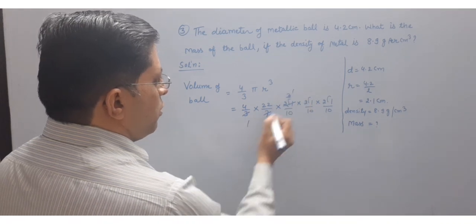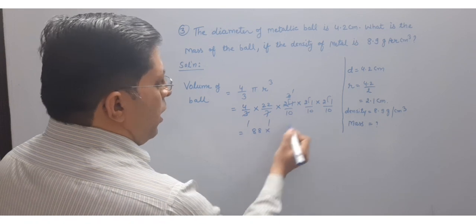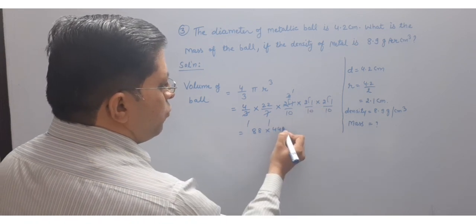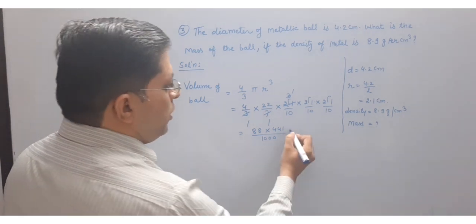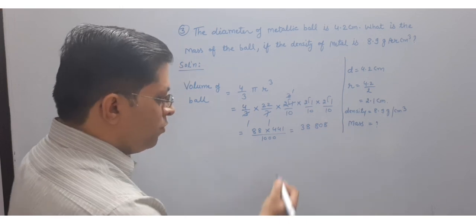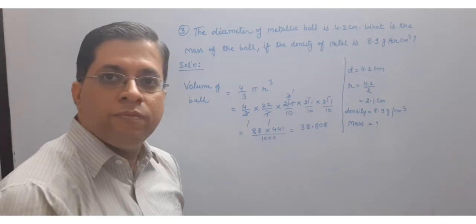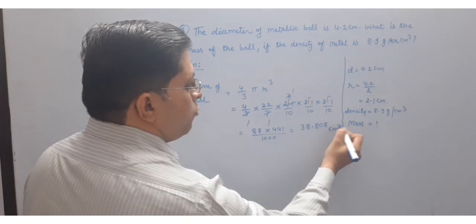This 3 to 3 cut. This is 88, and 21 into 21 is 441 upon 1000. This will be 38808, and decimal after 3 places. This is your centimeter cube.